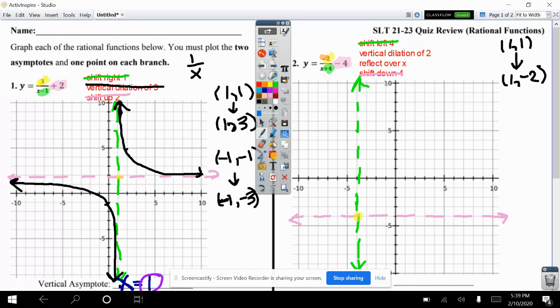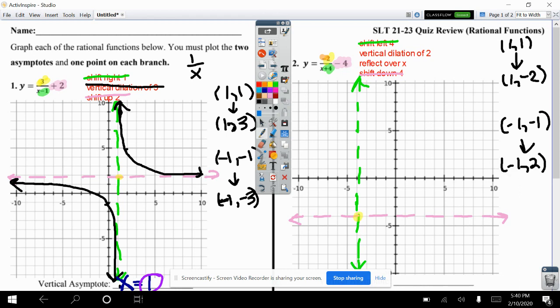Dilated it by 2 and changed the sign, because when I reflect over x, I change the sign of my y value. And then I have my -1, -1 point. First, if I do my dilation, I get -1, -2, but then I have to change the sign of y so that I reflect. So it's going to be -1, +2.